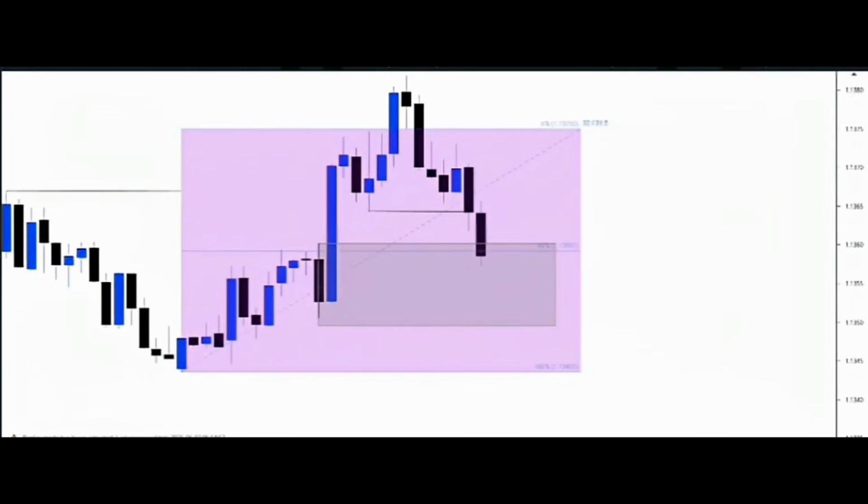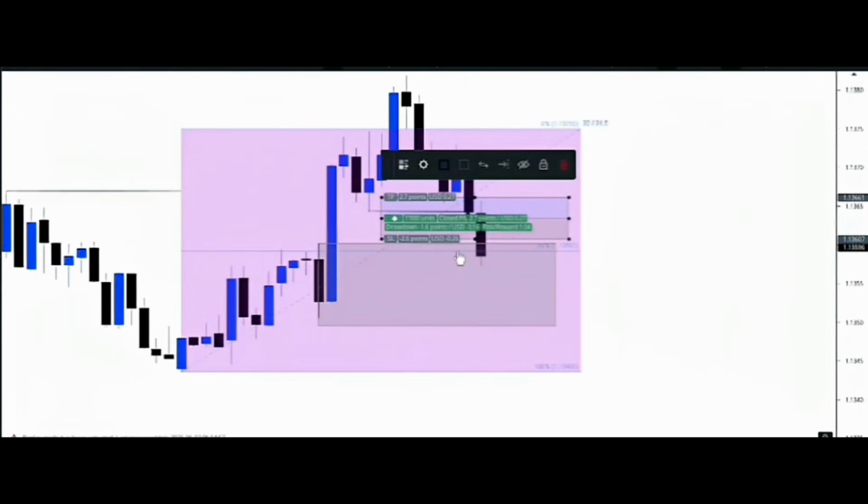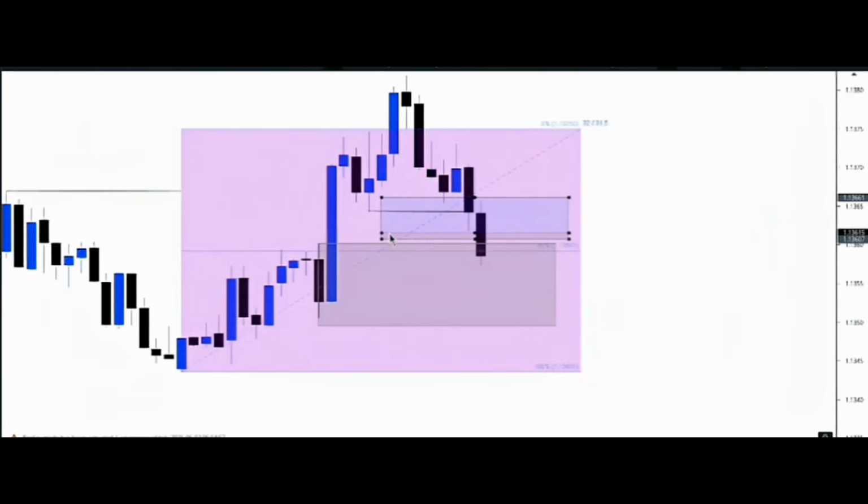Can you see? It has come into the zone, but we don't know whether it's going to hold price. But please, if you are taking your trade, make sure you give a buffer to your trade. This is very, very important. So give a buffer to your trade. Let's do that immediately.